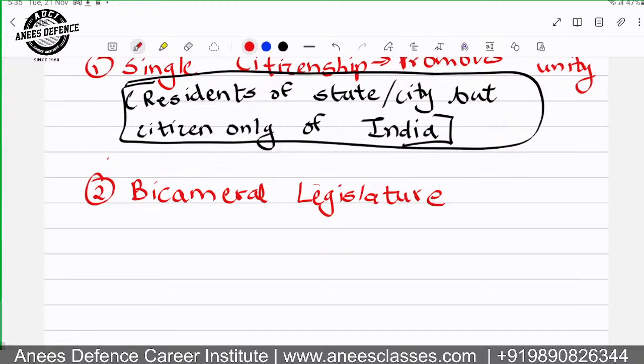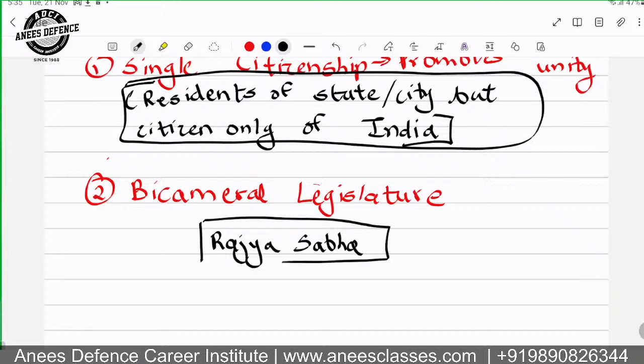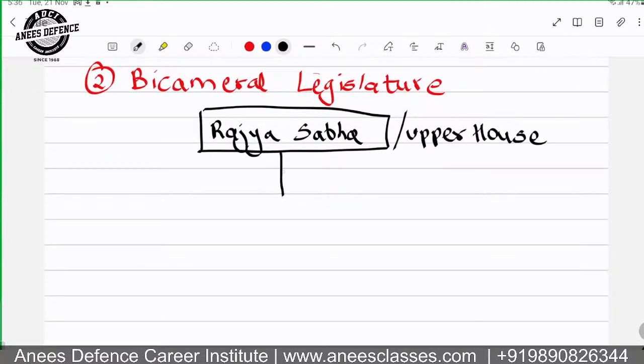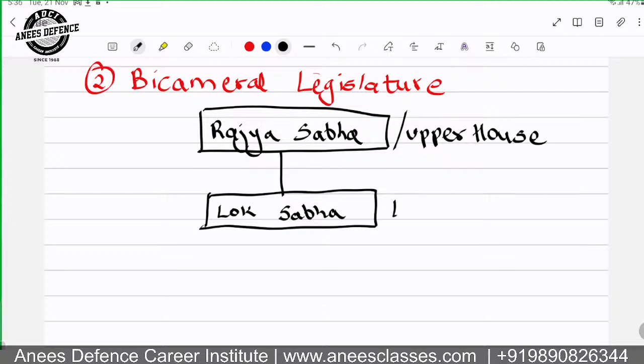Bicameral legislature means that in the legislative system, the parliament is divided into two parts, upper house and lower house.